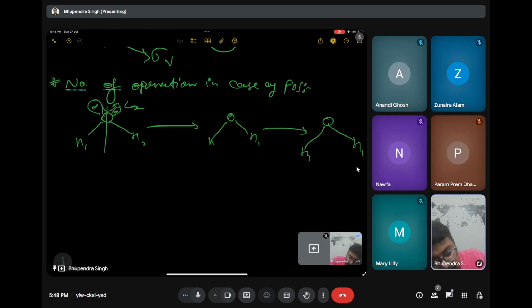We have only a C2 axis present here. For the number of operations in the case of plane of symmetry, let's consider how many planes are present here. This is the axis. Do you think any plane is present here? Which is the plane which can bisect the molecule?